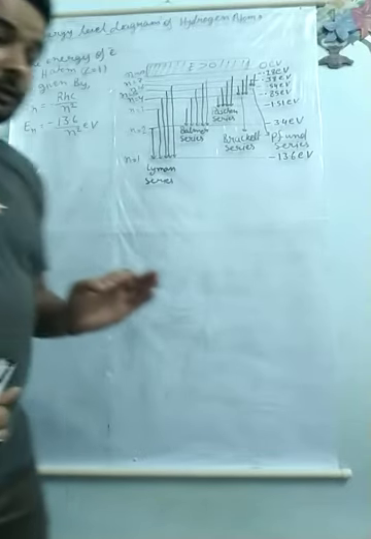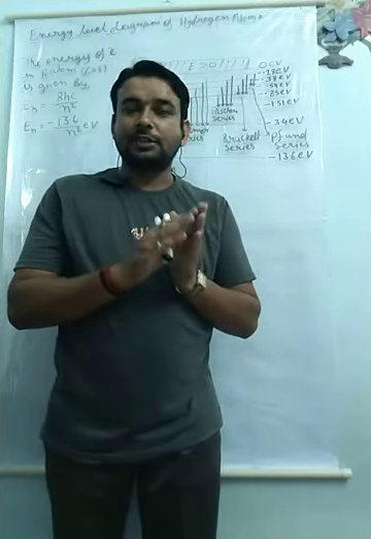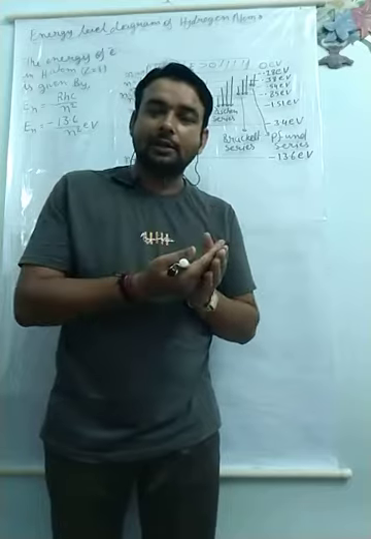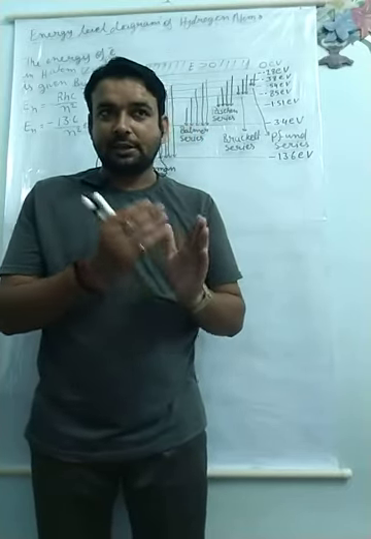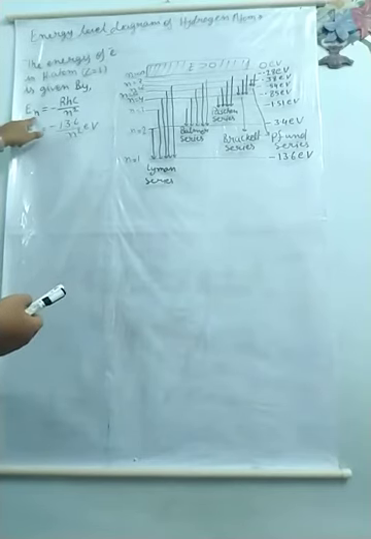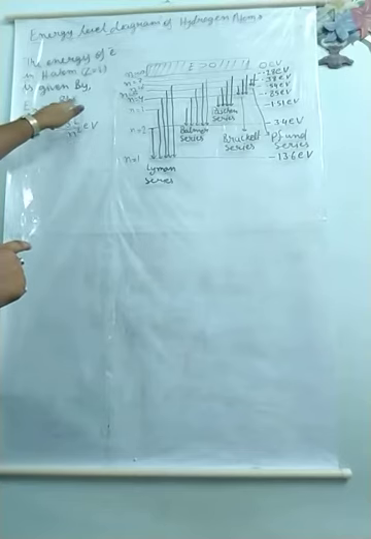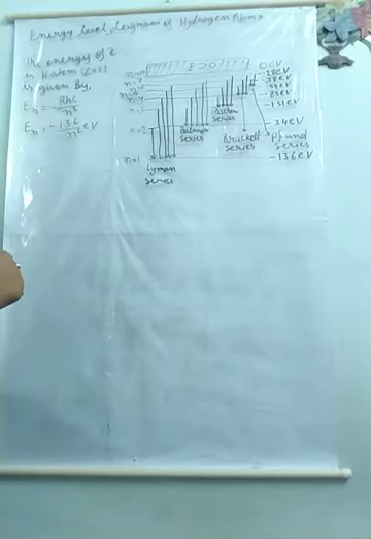Okay, and the energy when the electron jumps from one state to another lower energy state is given by En, the energy of the nth orbit or nth level, which is minus RH C upon n square, where R is the Rydberg constant, H is the Planck constant and C is the speed of light.